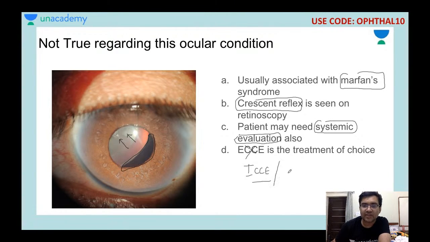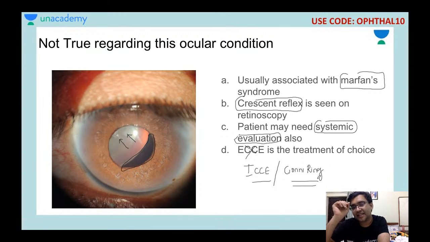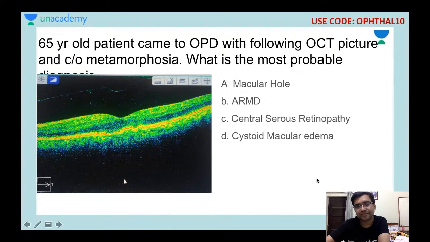Or what you can do is just put a ring inside the capsule, that is called a Cionni ring. The Cionni ring basically stabilizes the capsule and then you can put an intraocular lens as well. But definitely ECCE should not be done in these cases.